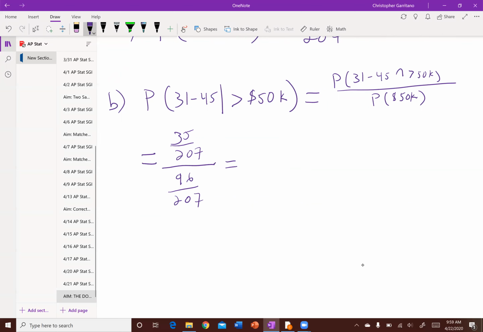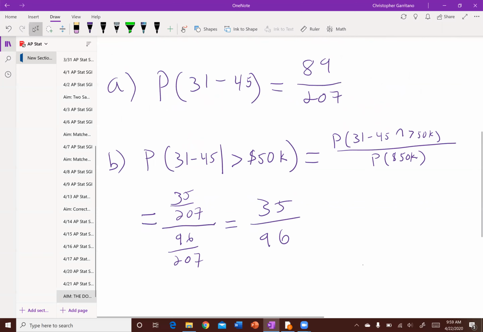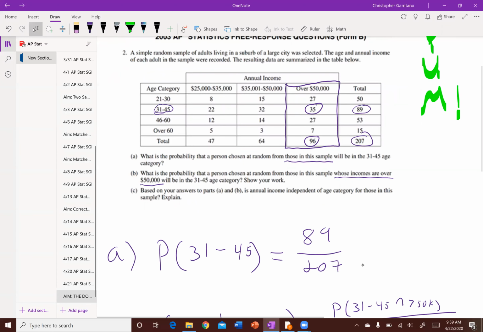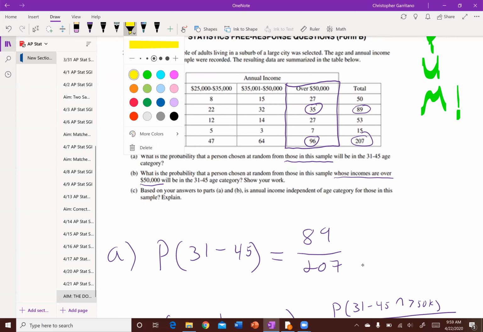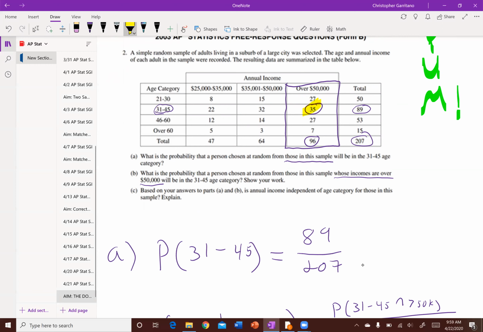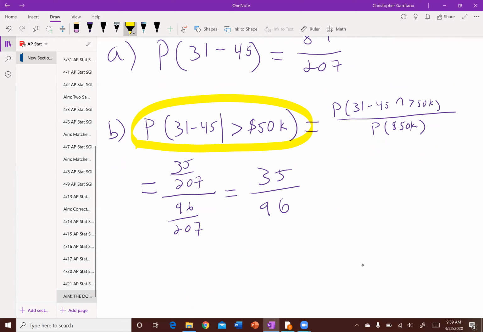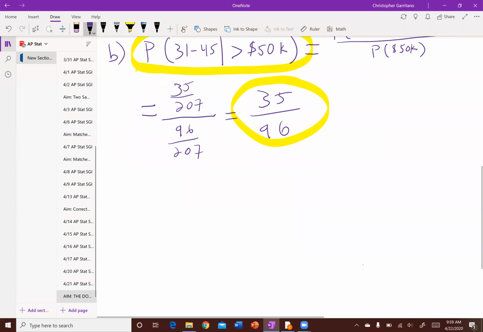And this, as you can see, simplifies to 35 over 96, which I think many of you just jumped straight to, and that's totally fine. Let me use the highlighter. Many of you just went ahead and took this number and divided by this number, and that's actually totally fine. As long as you have notation and this, then your answer will be correct. You'll get full credit.